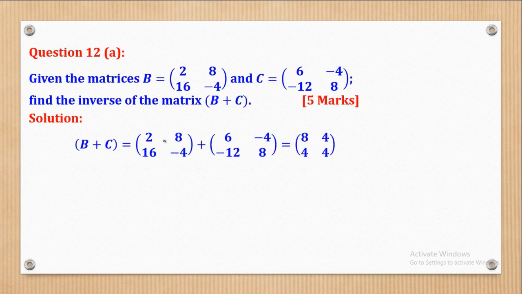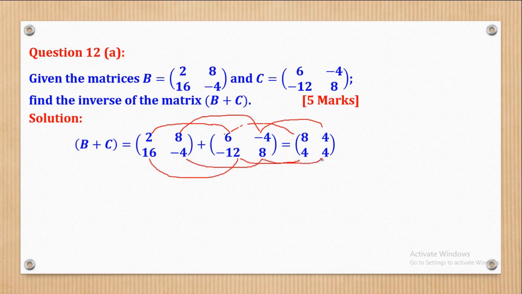So when I add the 2, remember we add the corresponding terms. So this plus this will give me 8. Similarly, this plus that will give me 4. Do the same for the lower part. 16 plus negative 12 will give me 4, and also negative 4 plus 8 will give me positive 4.